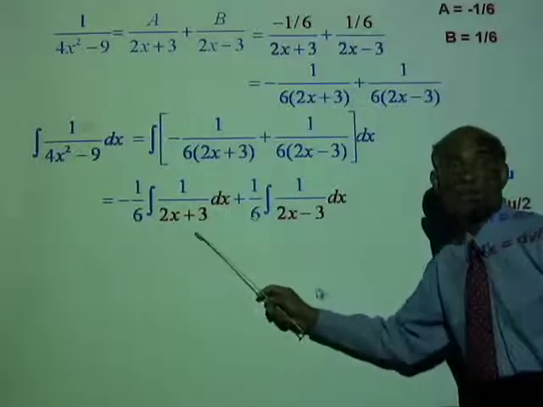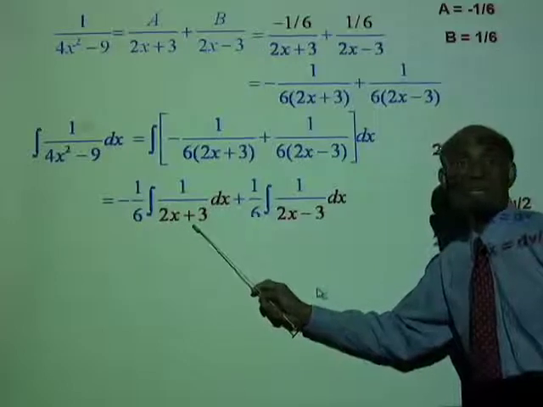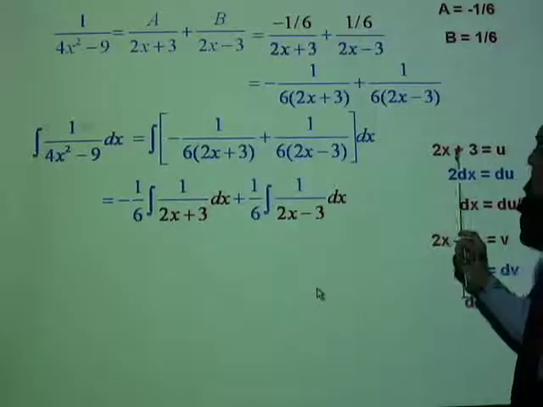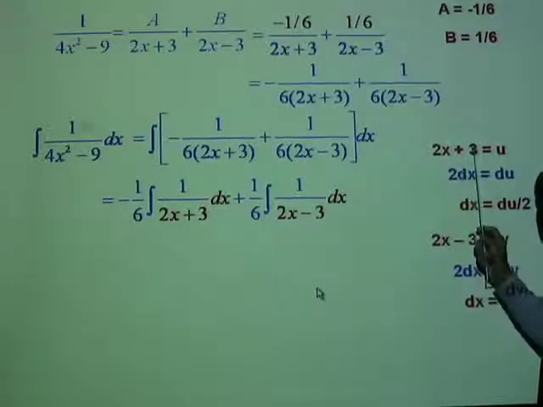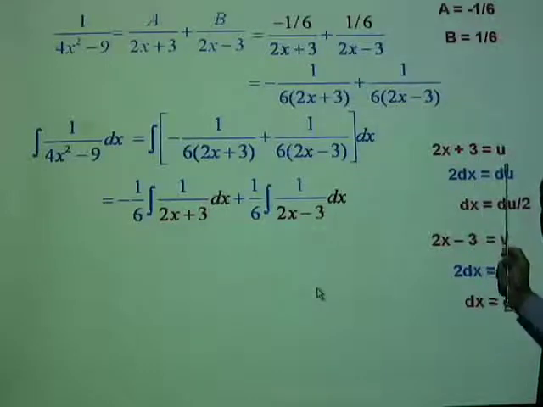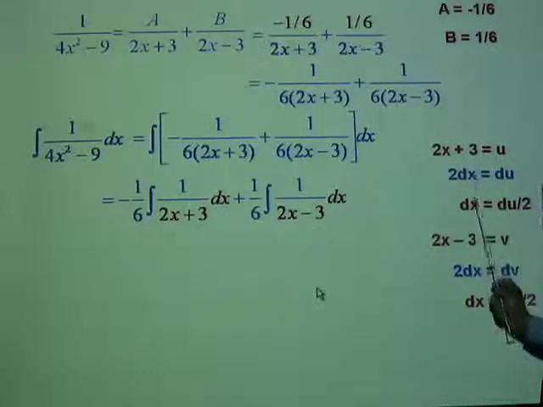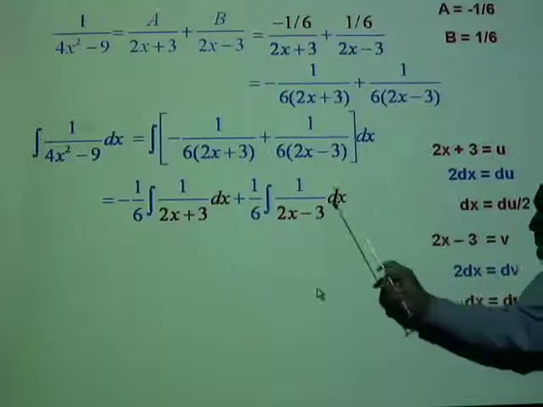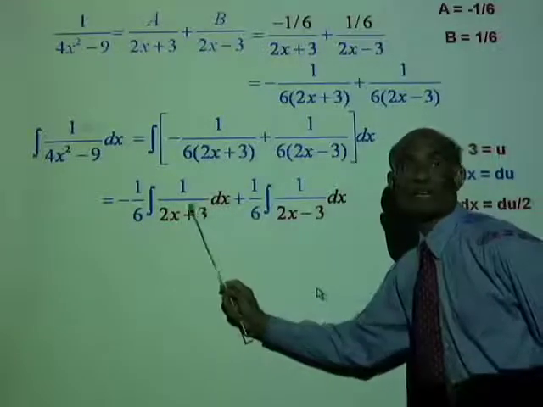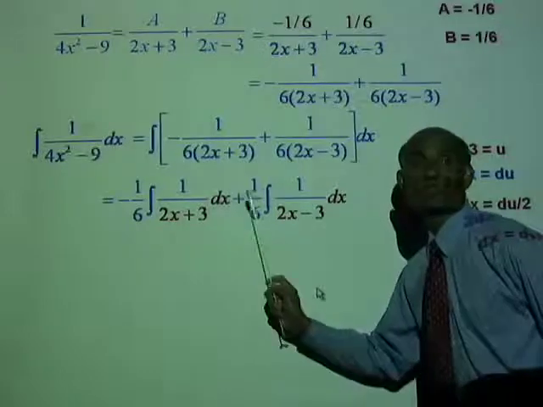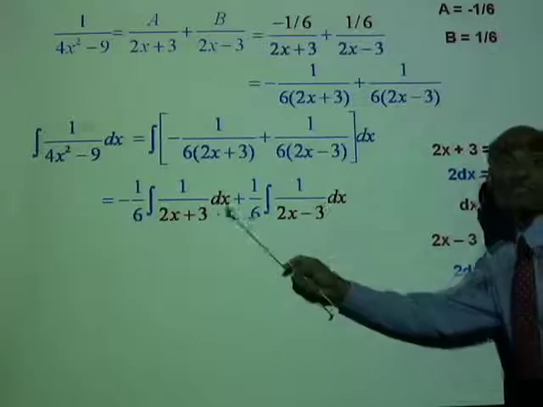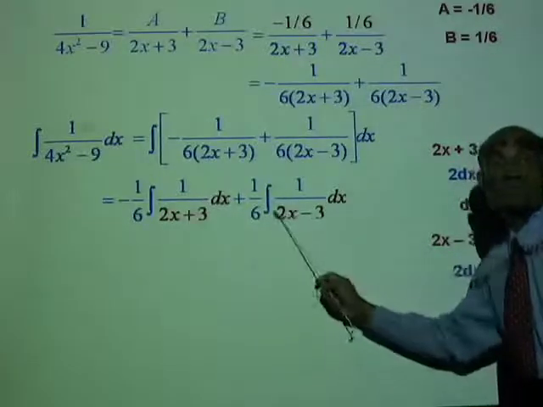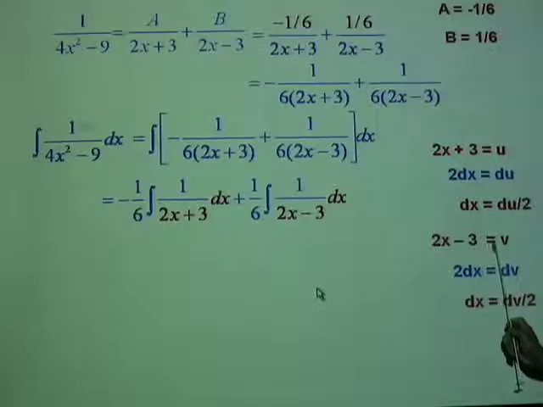In the first integral, we replace 2x plus 3 equal to u. So when 2x plus 3 equal to u, take the differential of each term. Differential of 2x is 2 dx, differential of 3 is 0, differential of u is du. That gives you dx equal to du over 2. So when this is replaced as u, dx becomes du over 2. And this 2x minus 3, since we have already used u, we will use 2x minus 3 as v.